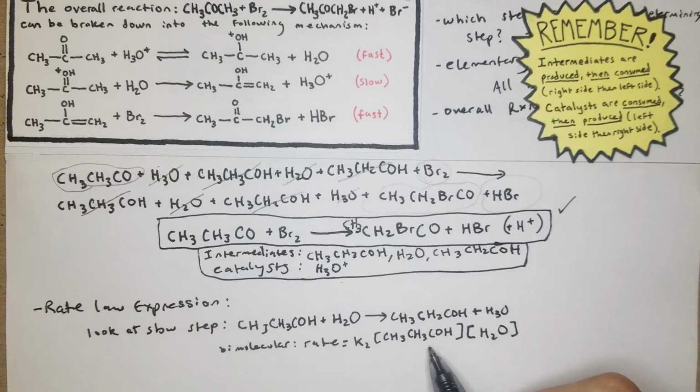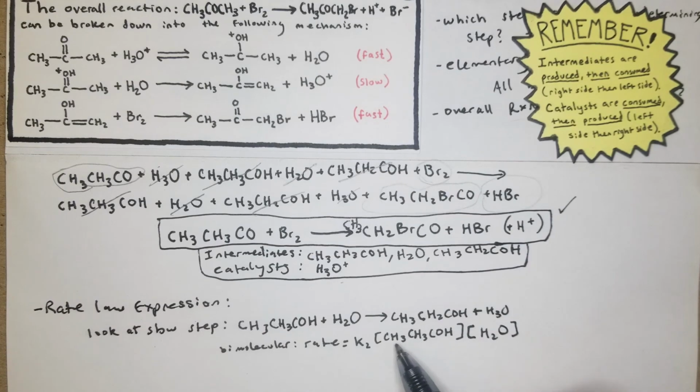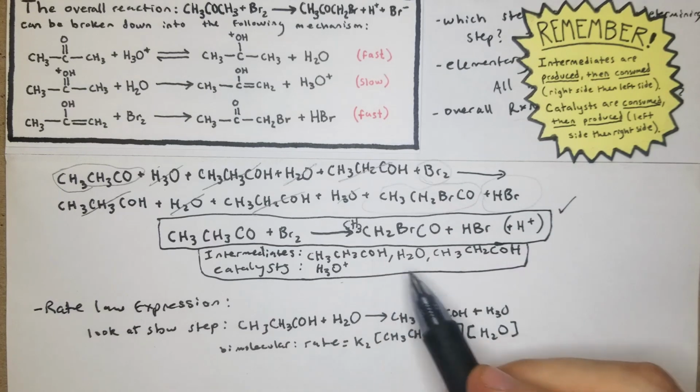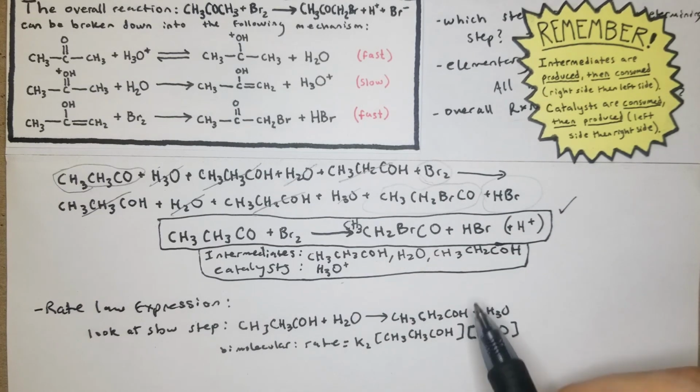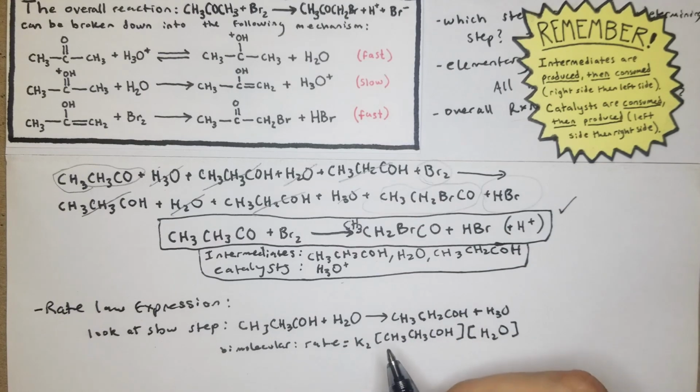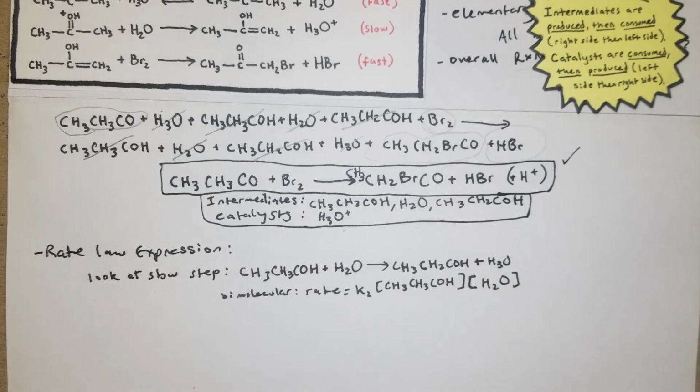What's the problem here? These are intermediates: CH3CH3COH right there, and our H2O, also an intermediate. Just like in the last problem, we have two intermediates. We're going to have to get rid of them and represent them in another way that doesn't include them. So here's what you can start with.